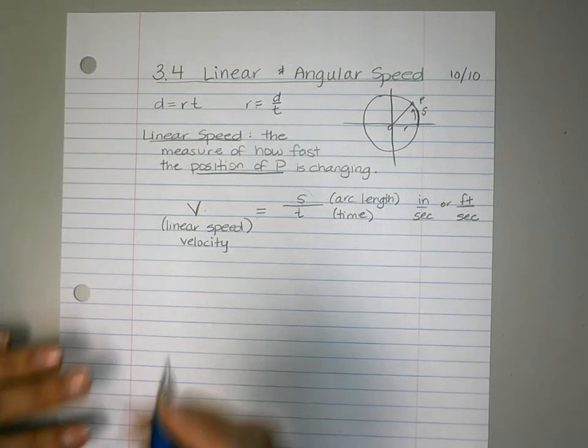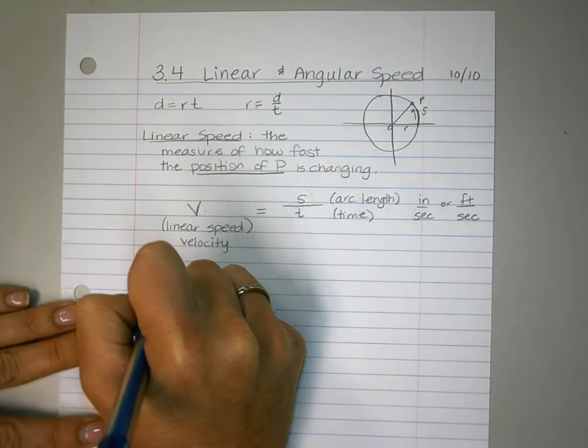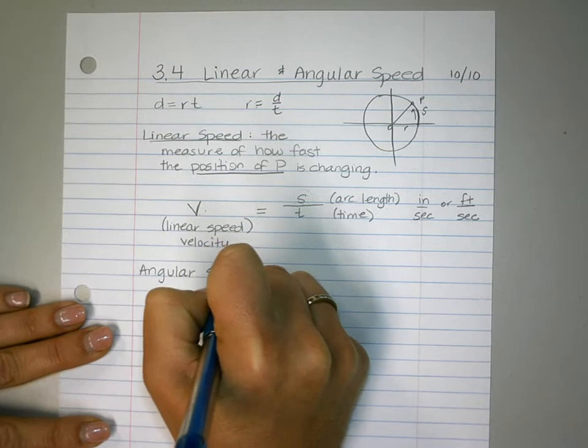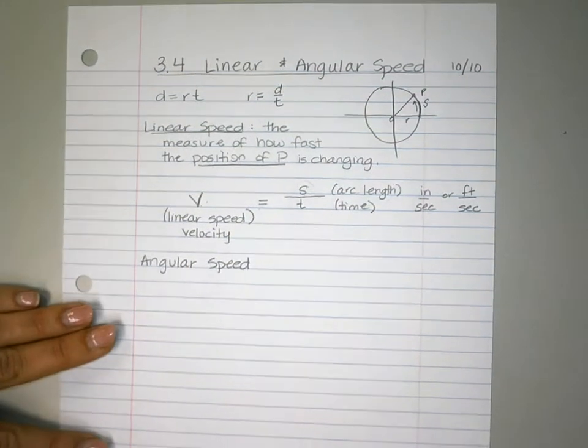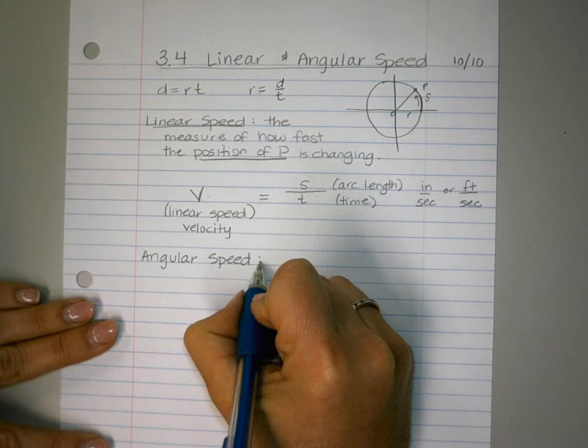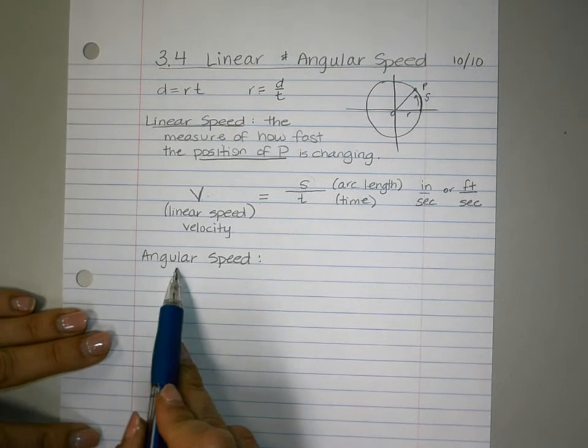All right, let's discuss what angular speed is. We'll define it, and then I'll give you some problems to work with. So here's angular speed. Angular speed has to do with, guess, angles.